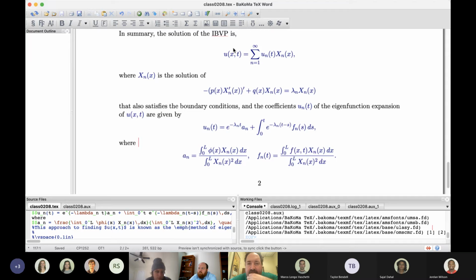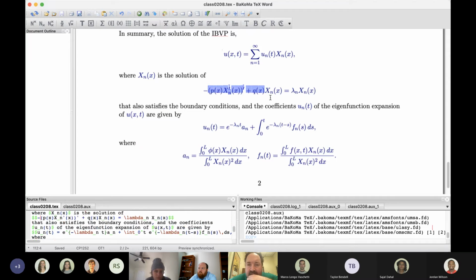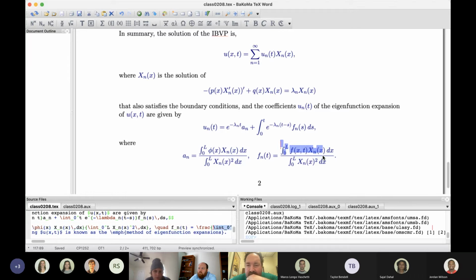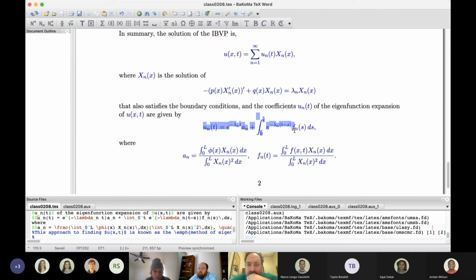So to solve the original problem, you first get your eigenfunctions from your spatial ODE. Once you have them, compute these, plug them into here, plug this into here. Done.